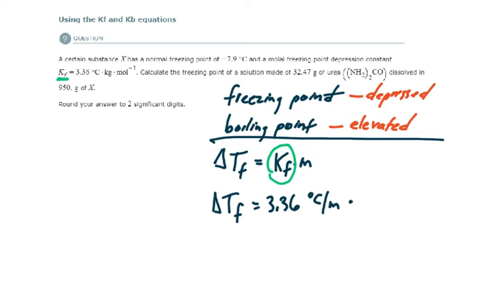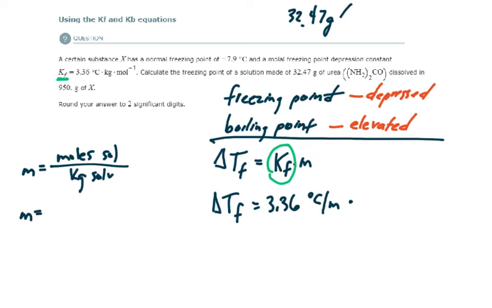Which we have to find, but we know how to find molality. It's moles of solute per kilogram of solvent. Well, what is our solute? Urea. We have 32.47 grams of urea.